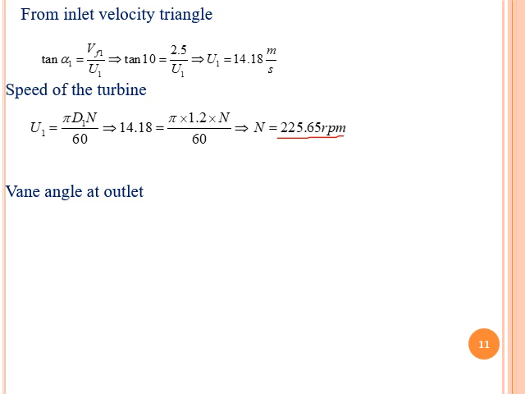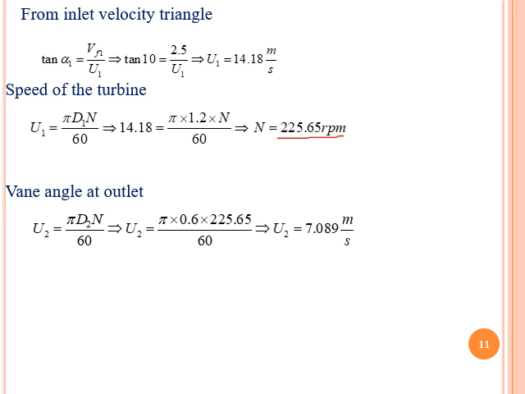Vane angle at outlet, or beta 2 angle at outlet. In order to calculate that one, we require the u2 value. The u2 is calculated by the expression pi D2 N by 60. u2 is equal to pi into the diameter at exit, 0.6, and N is already calculated, 225.65, and u2 is equal to 7.089 meter per second.